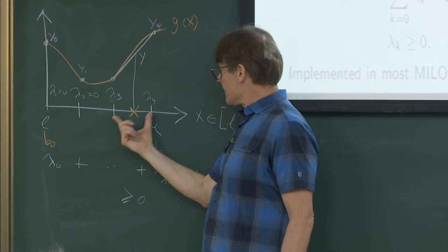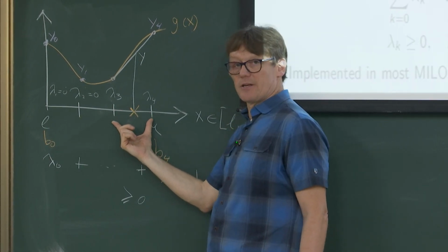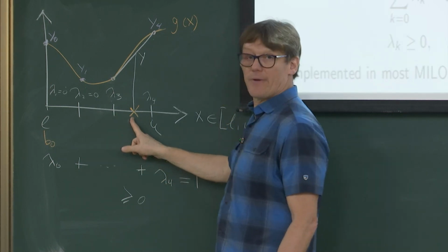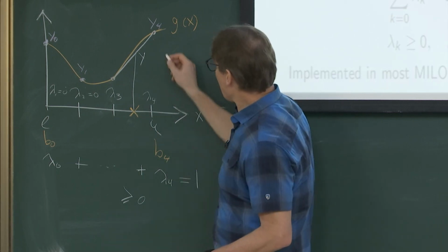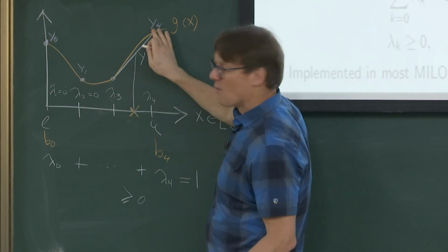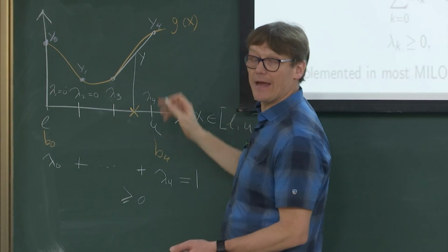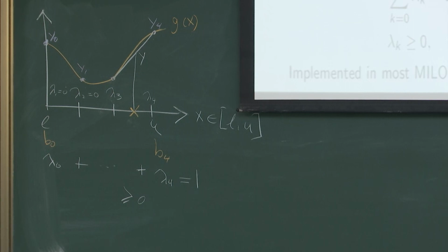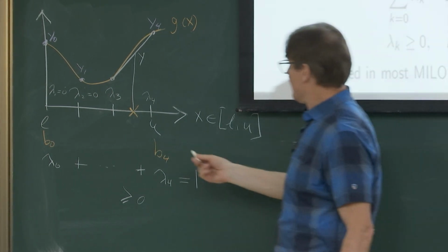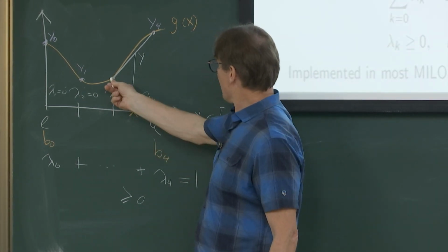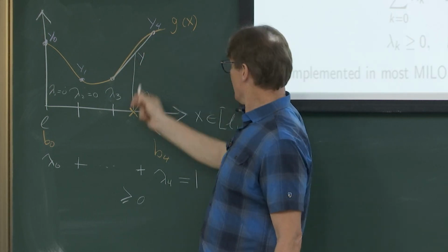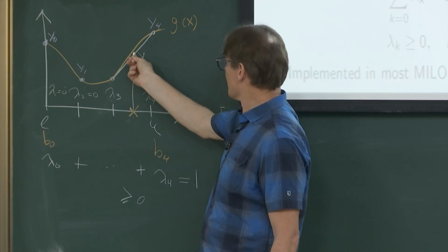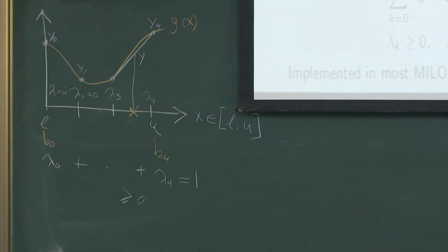And the reason for saying you want only two adjacent ones to be non-zero is if I had more of them, then the x would be correct, but the y would now be a convex combination of more points, so it would actually not be correct. Instead, it would be a different point. So the fact that I'm in this interval, I have a linear approximation, and the lambdas map the x to the y in this linear approximation.